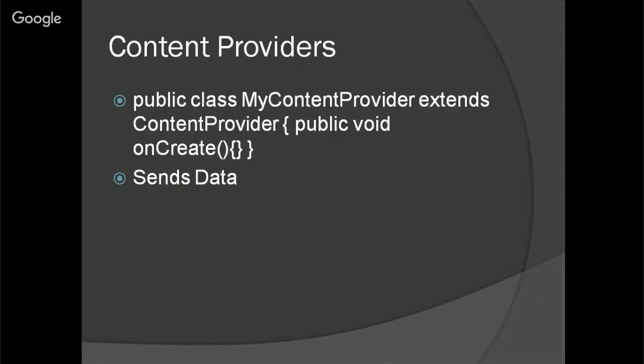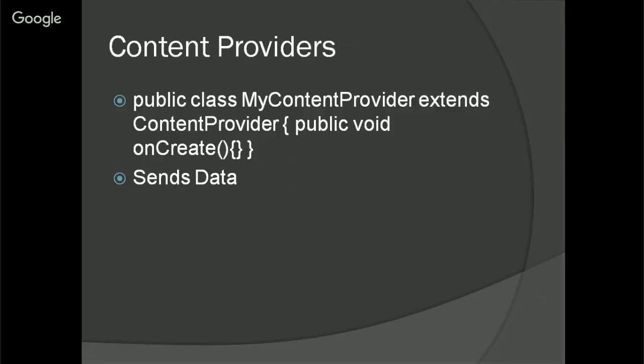And the other is content providers. Content provider is the container of content. I mean to say content of resources. It can be data, it can be any kind of files, or it can be the data from a database.